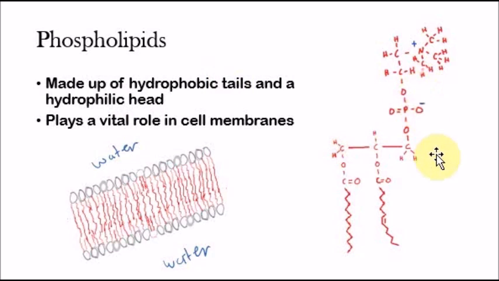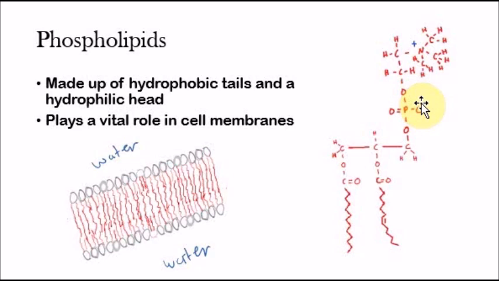Because if you look here, we have nitrogen bonded to 3 methyl groups, giving it a partial positive charge. So since the nitrogen has a partial positive charge, it's going to be susceptible to mixing well with water. And we also have a phosphate group with an oxygen which has a partial negative charge. So that partial negative charge is also going to make it susceptible to mixing well with water.